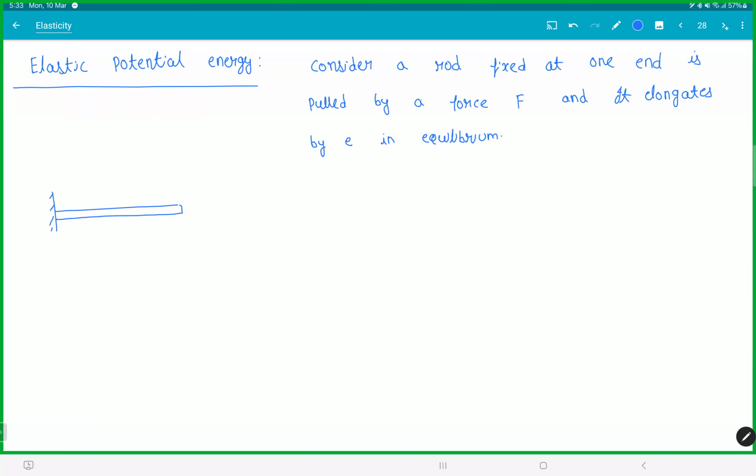So let's say we have a rod here, Young's modulus Y, area A, length L, and someone started applying a force F. Now what will happen when you start pulling it? The rod will not suddenly reach the final position.